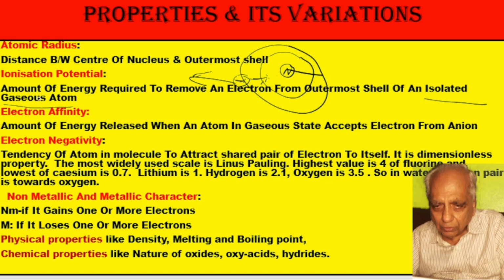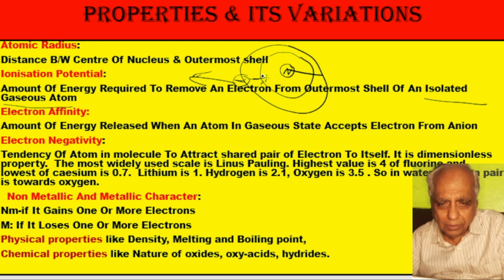Now we'll define the next term, and further we will discuss ionization potential after some time. Electron affinity. Affinity means attraction. All electrons in various orbits are being attracted by the nucleus.